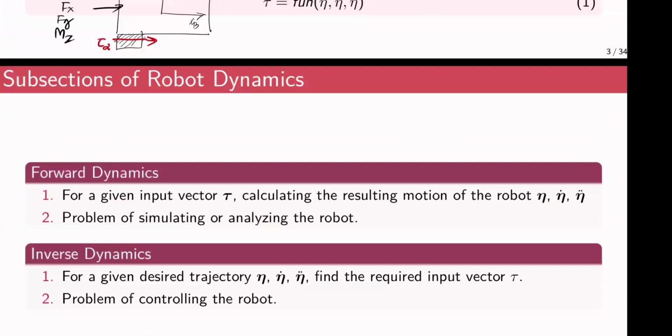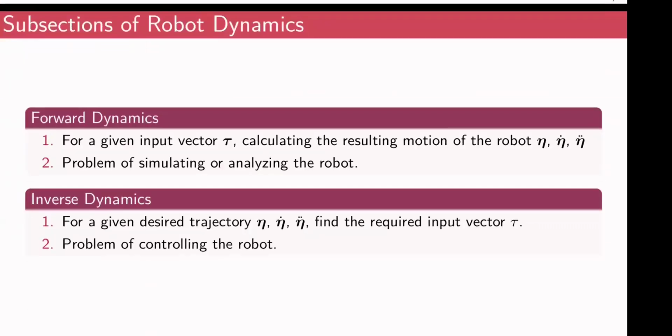Just like what we have seen in kinematics, dynamics also has two important problems. The first being forward dynamics, and the second being inverse dynamics, right? It's more or less analogous to the inverse and forward kinematic problems that we have seen. Suppose we have a mobile robot like so.